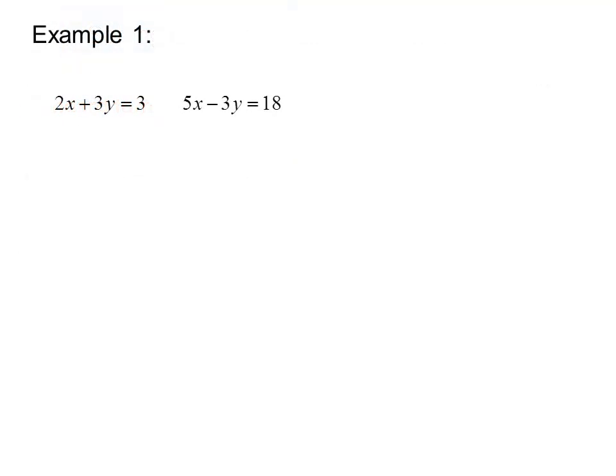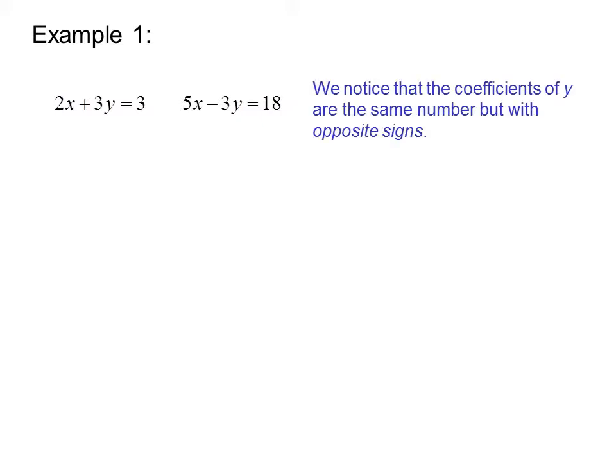Example 1. Our equations are 2x plus 3y equals 3 and 5x minus 3y equals 18. We notice that the coefficients of y are the same number but with opposite signs. We have a plus 3y and a negative 3y.